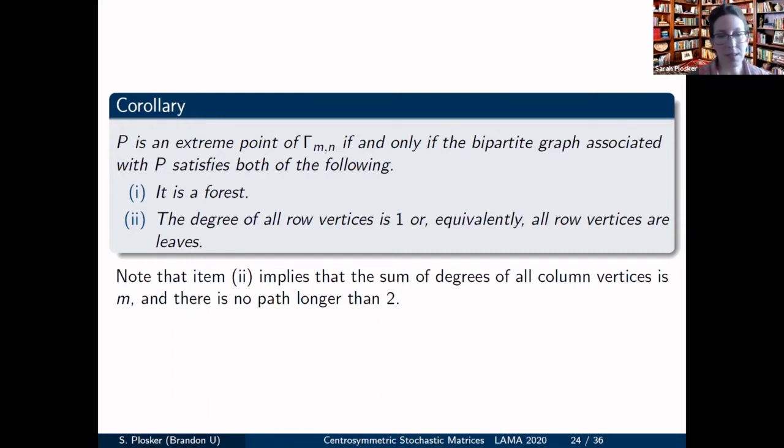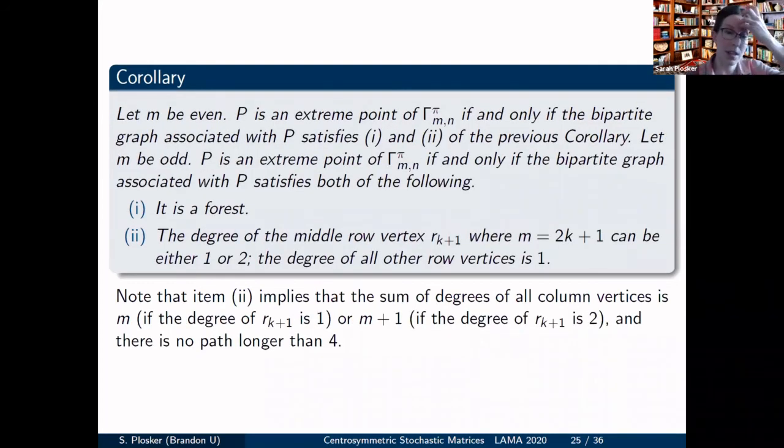And that implies that the sum of the degrees of all column vertices is m, and that there's no path longer than 2. And that's just an immediate graph theoretic consequence, or interpretation, of our results. And I'll get to an example in a minute, but I just wanted to give the graph theoretic interpretation of the result for centrosymmetric.